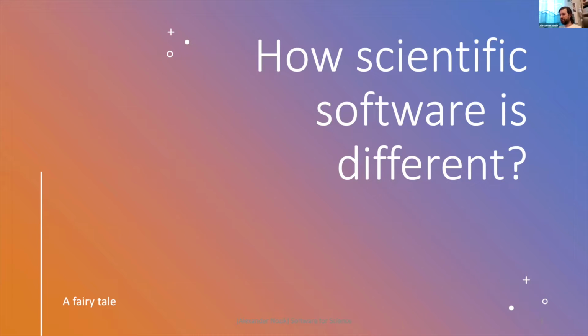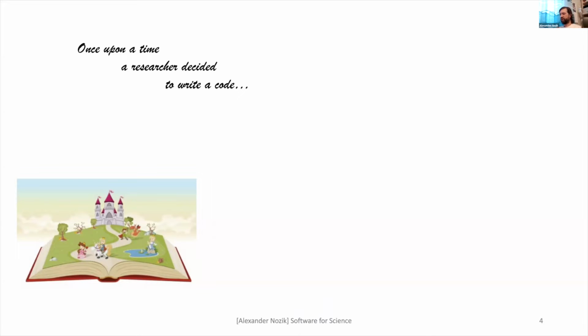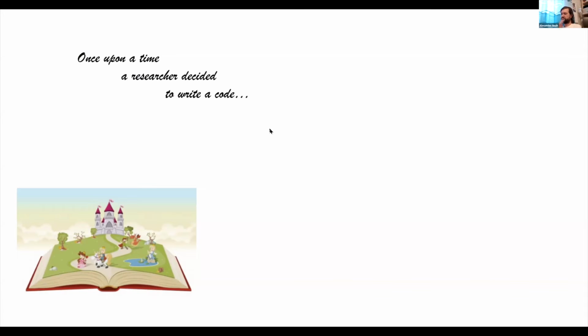Right. Okay. Let's start with a tale, a fairy tale as it goes, and we can call it a tale of four researchers. Once upon a time, a researcher decided to write code. My pointer doesn't work.